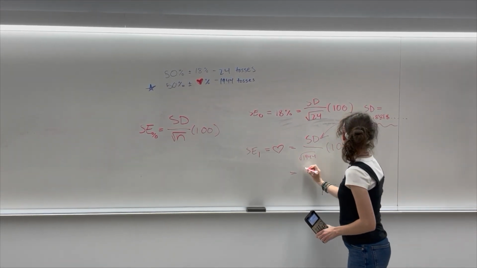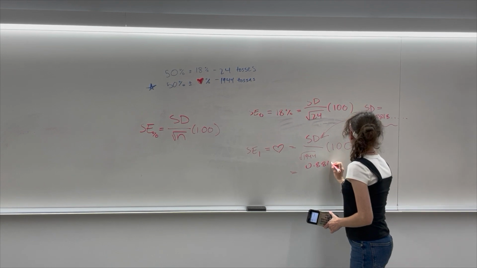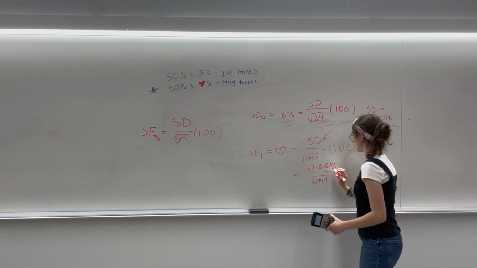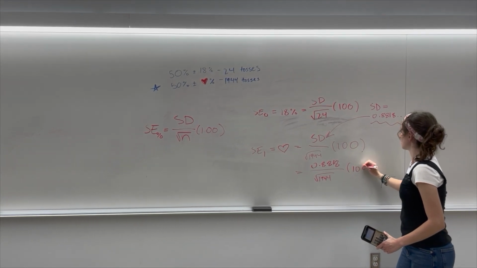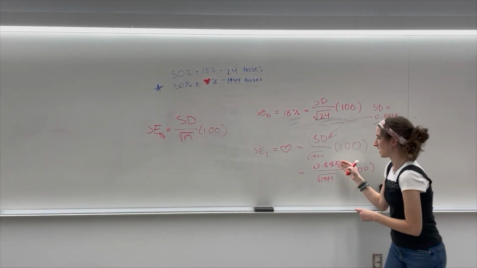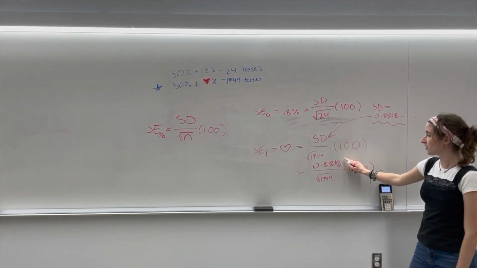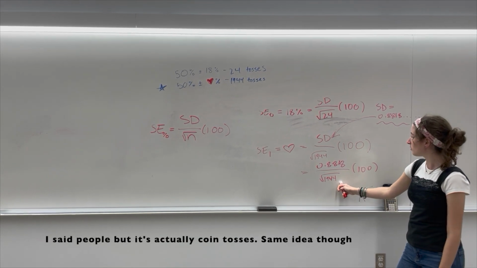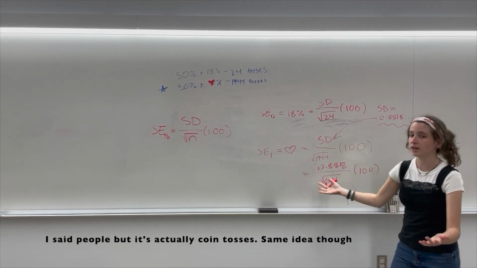So we'll do 0.8818 divided by the square root of 1944, our new sample size, times 100. Because, just thinking about it intuitively, what does this actually mean? This means that for the same experiment, for the same standard deviation, if we increase the number of people, how is that going to change our error?